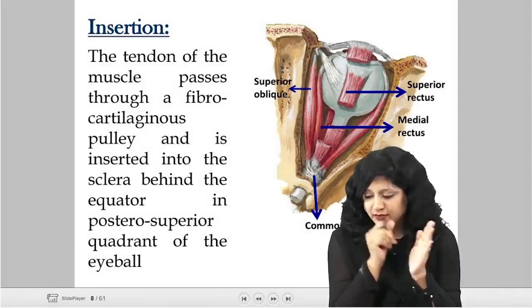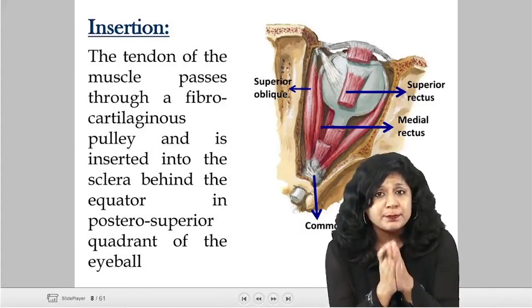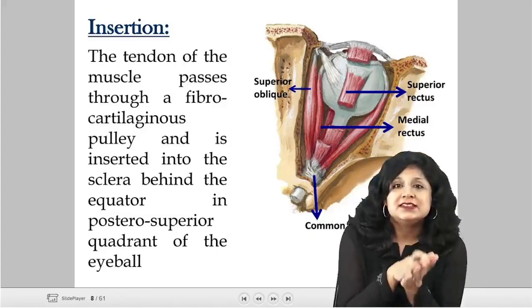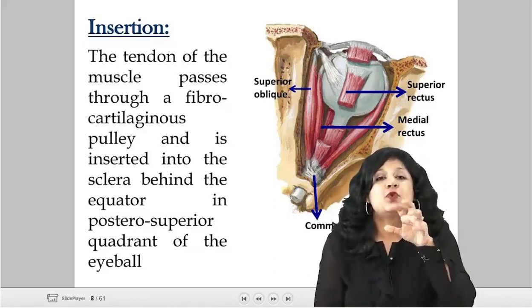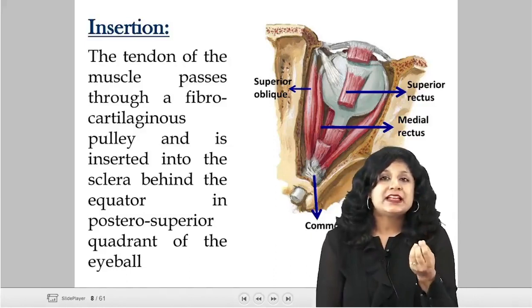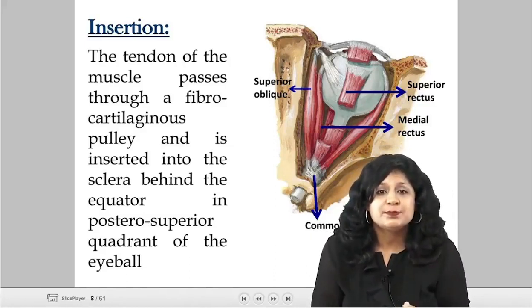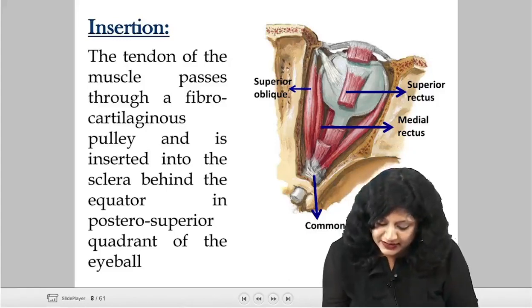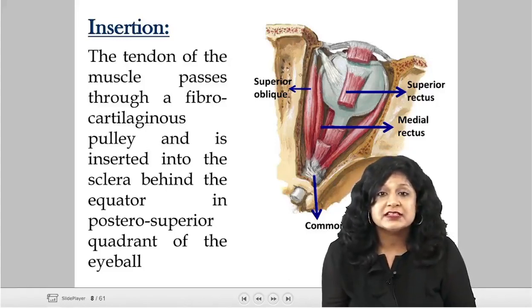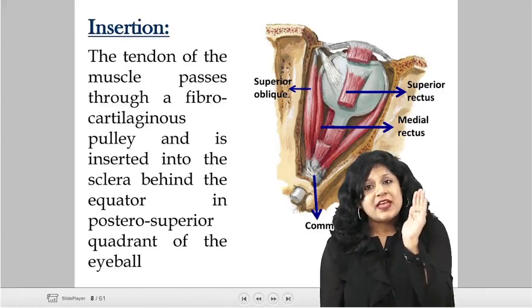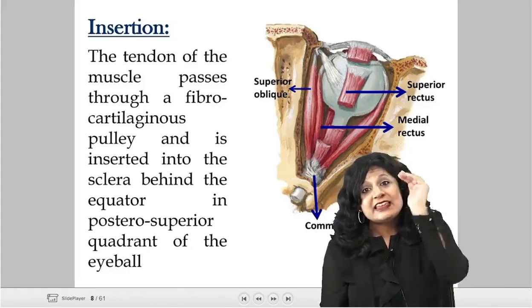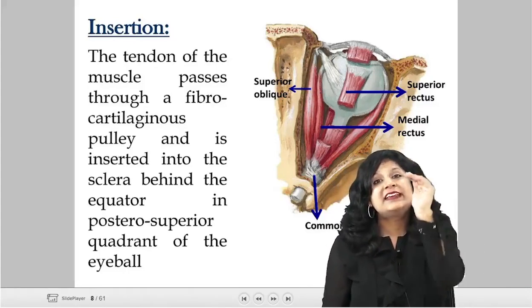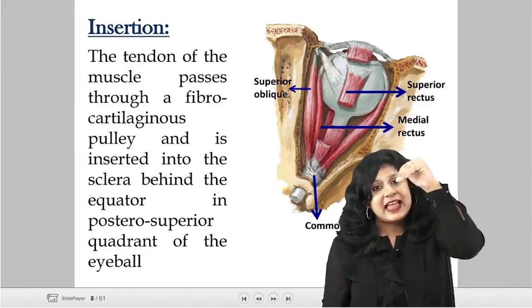If you see how the superior oblique muscle inserts, it is passing through a pulley. This pulley is a fibrocartilaginous pulley, and when it is passing through this pulley, can you see, this is the pulley here, it is tailor-made for the rotatory movements of the eye, like this.